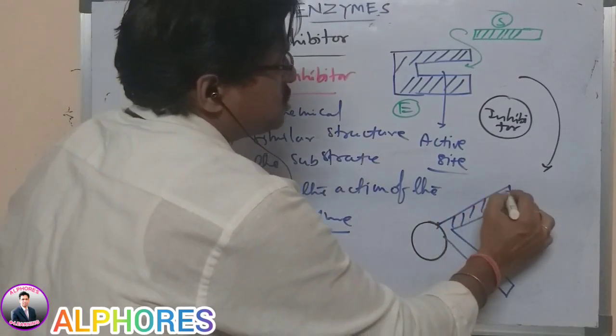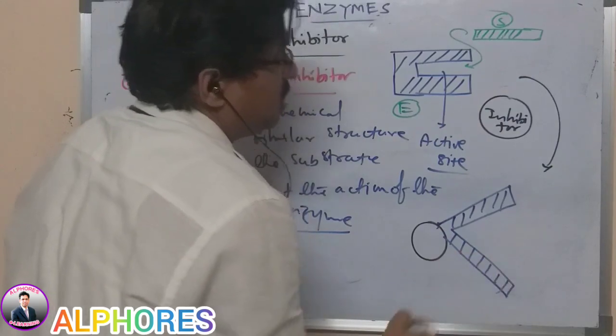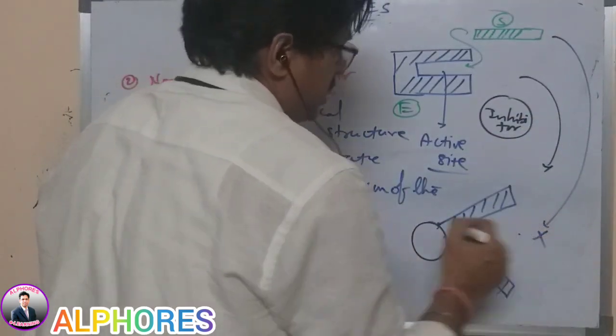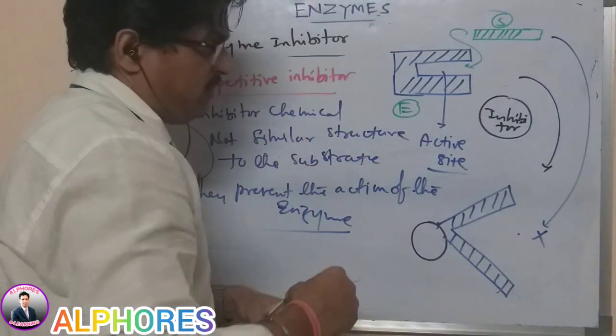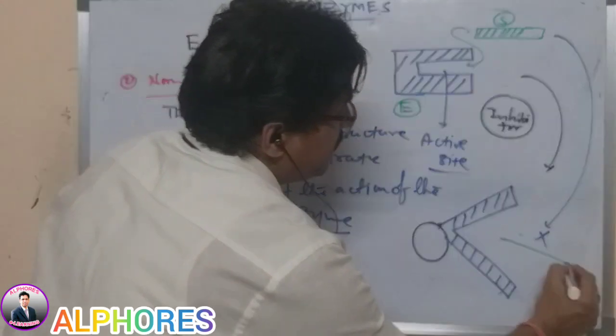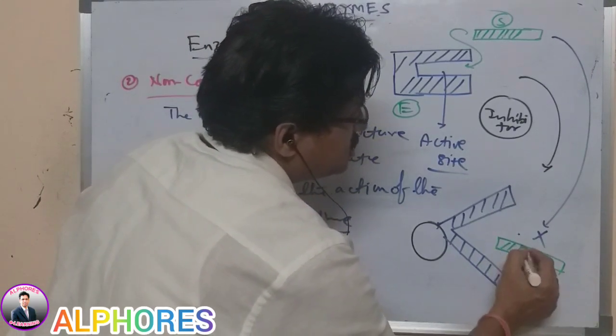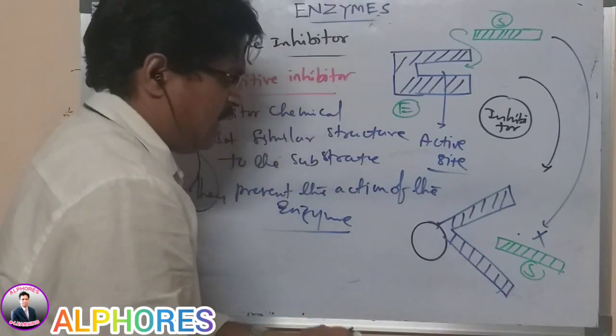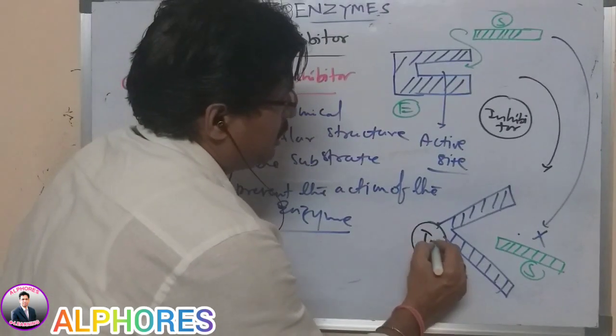So this enzyme site is going to change, and the substrate molecule cannot fix there suitably in this case. This is the inhibitor chemically.